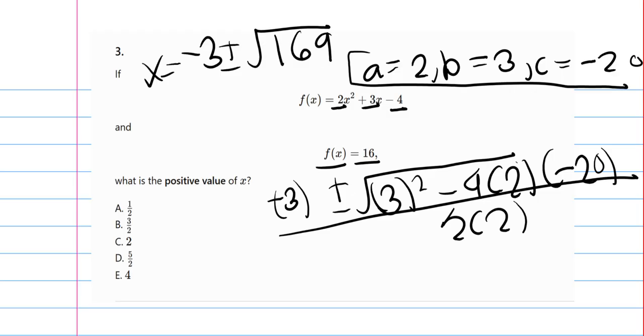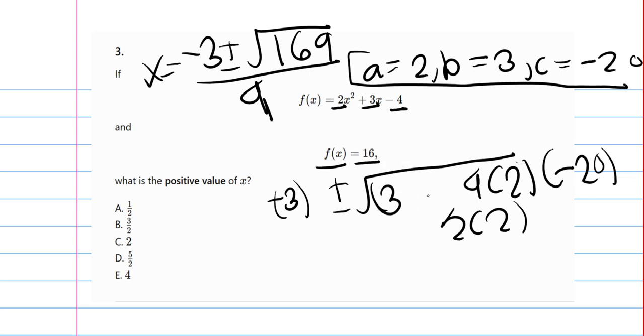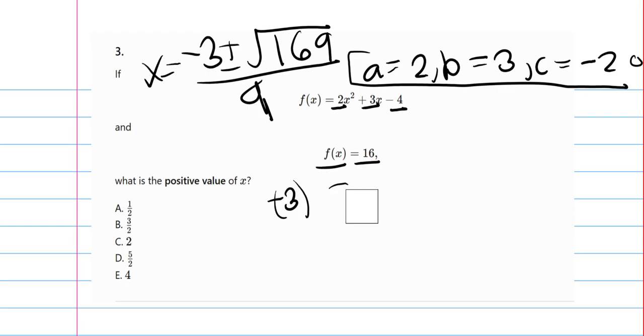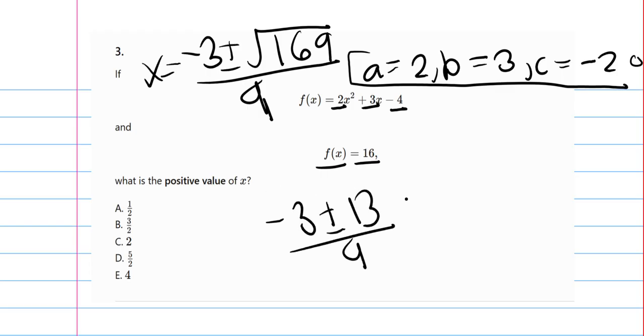Square root of 169 is 13, divided by 4. And I can just erase this so I have space for solving it. And since the square root of 169 is 13, I can just write it plus minus 13 over 4.